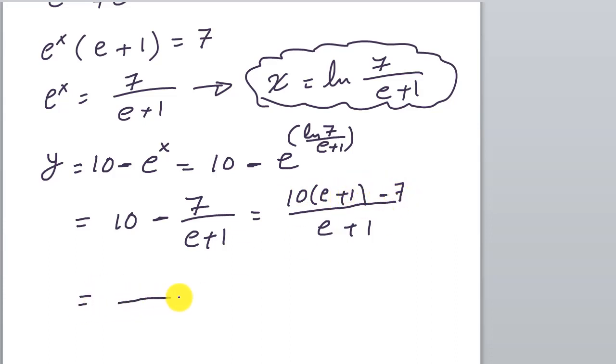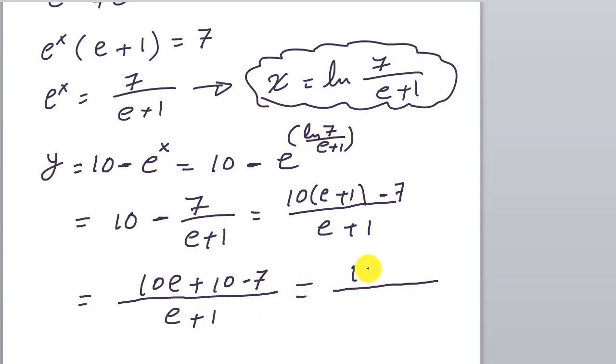So it's equal to (10e plus 10 minus 7) divided by (e plus 1). So it's equal to (10e plus 3) divided by (e plus 1).